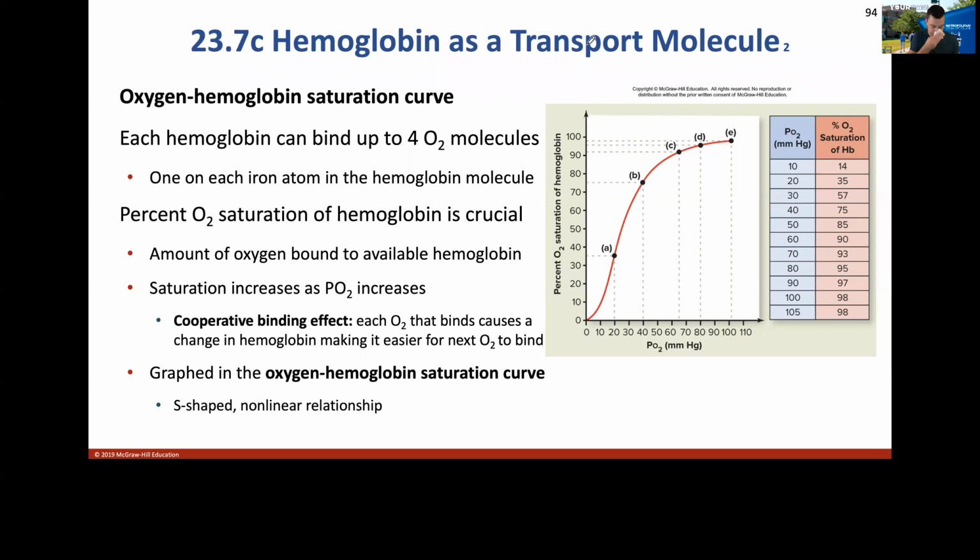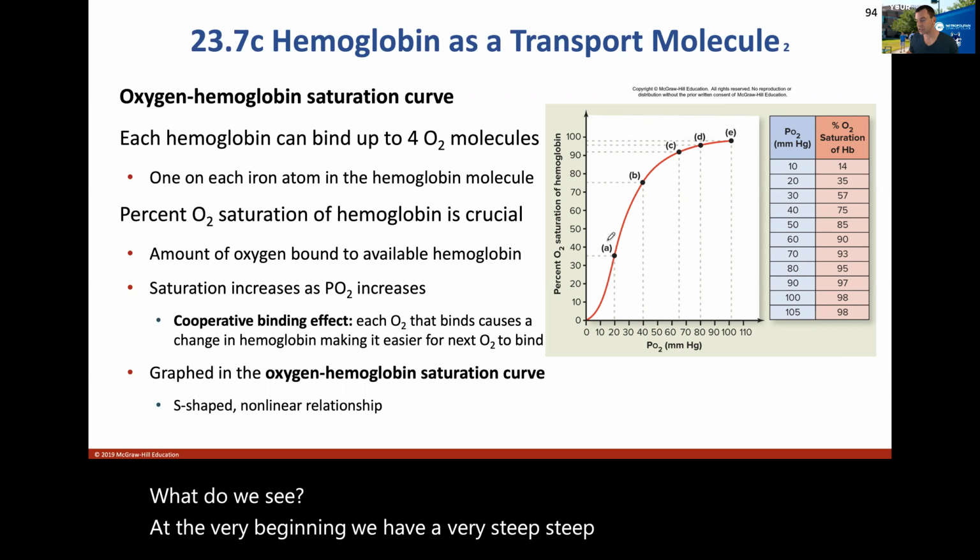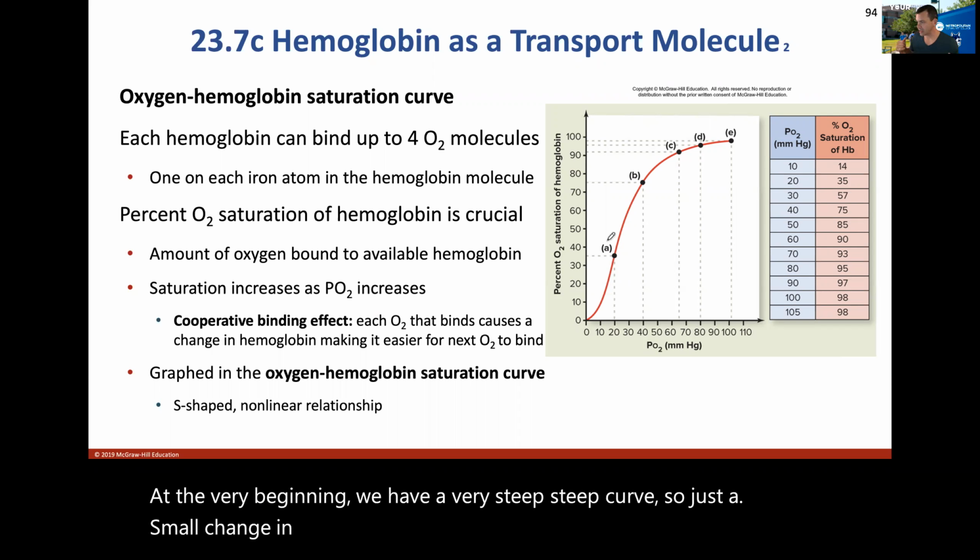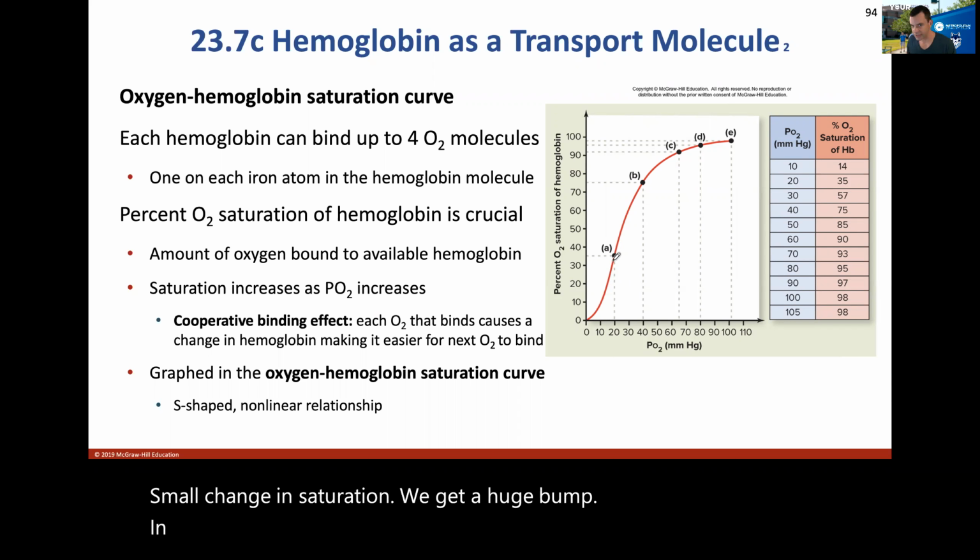Sorry about that. Okay. So if we look at this curve here, what do we see? Well, at the very beginning, we have a very steep curve. So just a small change in saturation, we get a huge bump in oxygen wanting to get on board.